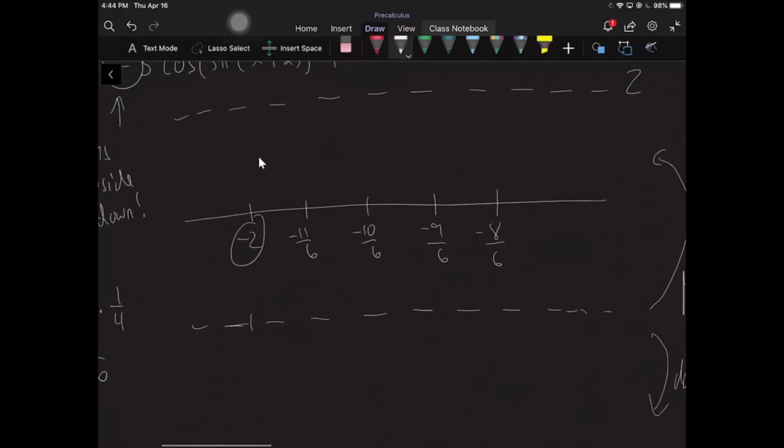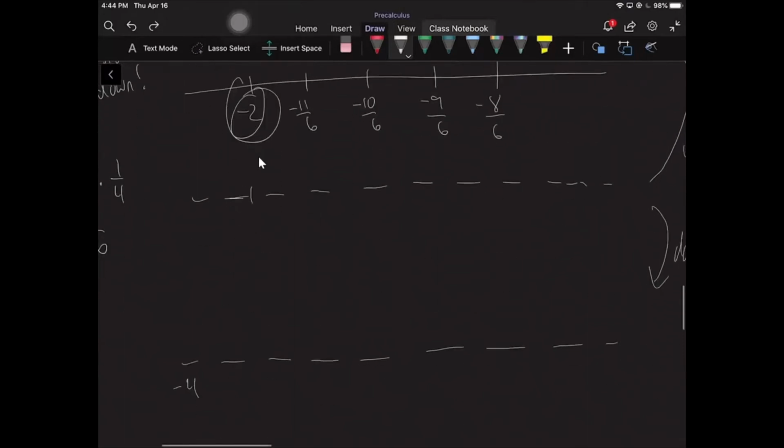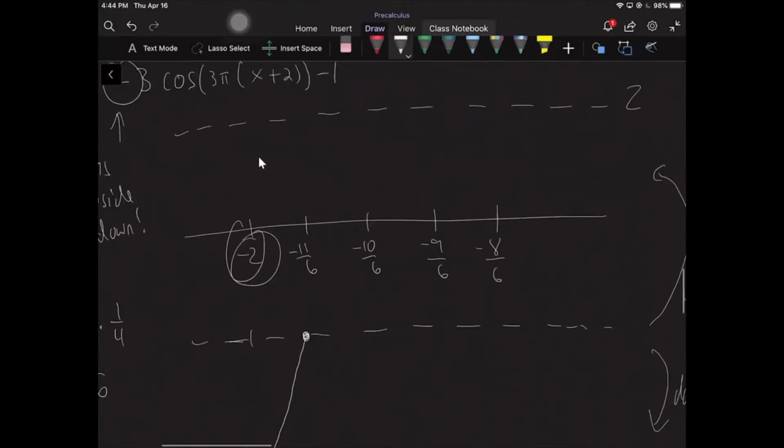So that means at this first tick mark here at -2, I don't go up here like I used to. Instead, I go down at the bottom. And then at the next tick mark, I go to the middle. And then at the next tick mark, I go to the top.